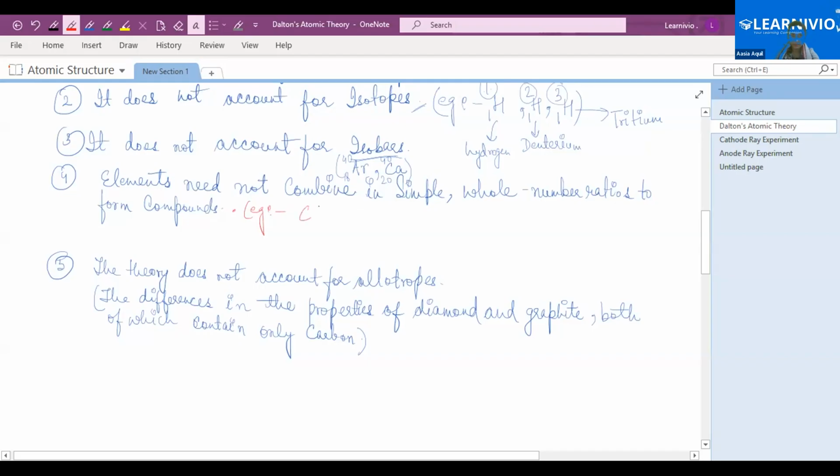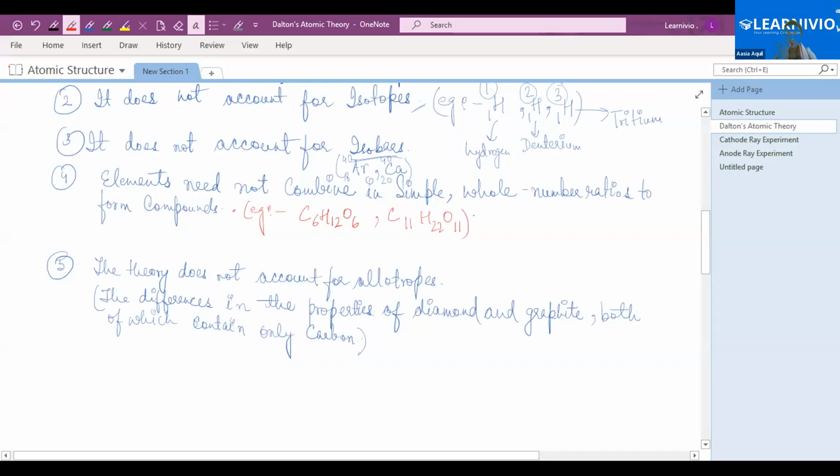Like glucose, C6H12O6, is not a simple whole number ratio, right? And when we talk about sucrose, C11H22O11, this is again not a simple whole number ratio. So it is not necessary for elements to combine in a simple whole number ratio to form a compound.